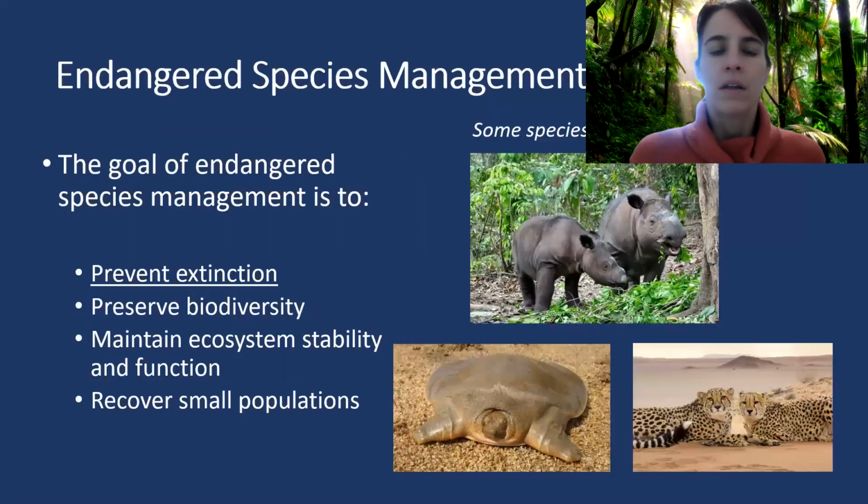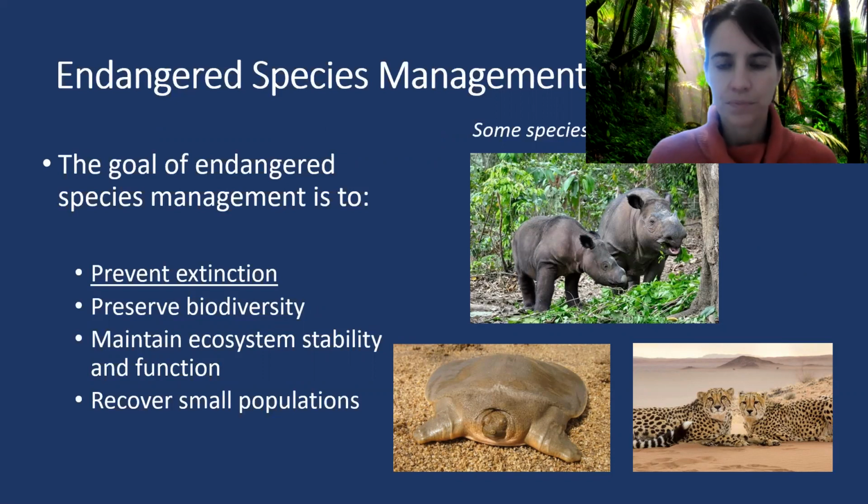So let's look at what is the goal overall of endangered species management. So we know that it is overall to prevent extinction, obviously, right? But it also has other goals. We want to preserve biodiversity, right? So not just the species itself, but the role that it plays in the ecosystem, maintain ecosystem stability and function, right?